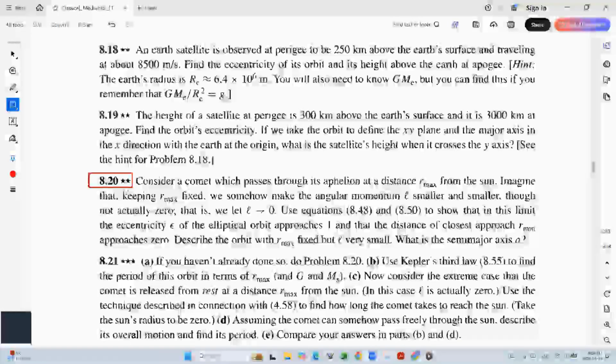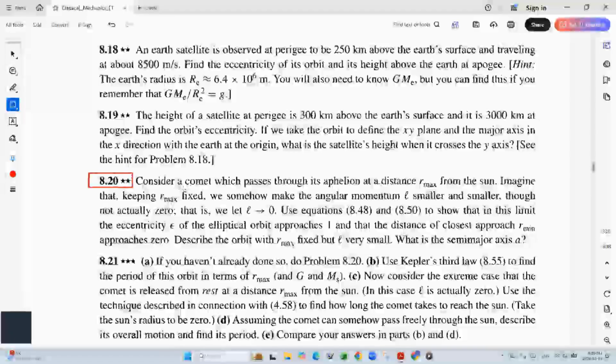Problem 8.20. Consider a comet which passes through its aphelion at a distance r max from the Sun. Imagine that, keeping r max fixed, we somehow make the angular momentum L smaller and smaller.